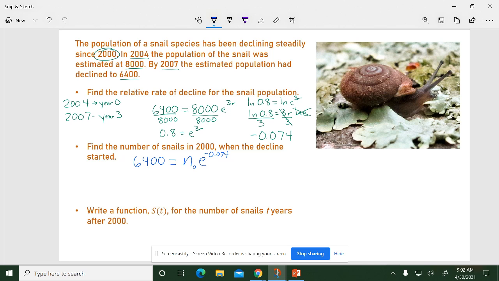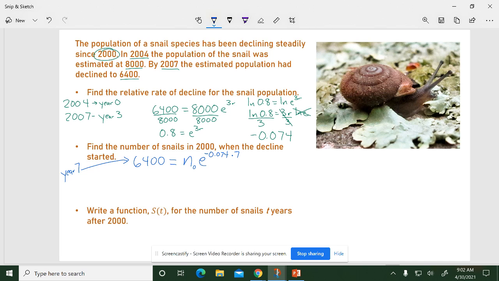And our T here, because I went with 6,400, the 2007 number, is 7 years. This is the year 7 amount, so I want to use 7 as my T. If you were to use the 8,000, that would be 4 years after 2000, so you'd use 4.